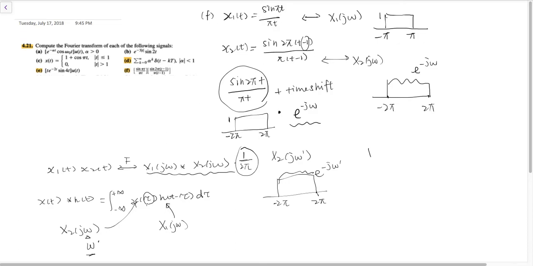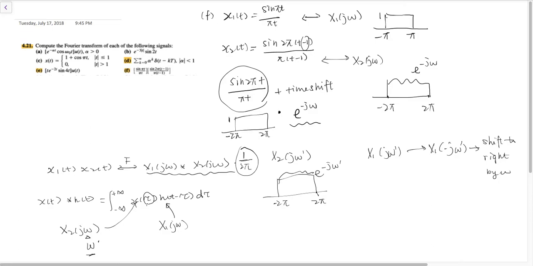And then we need to do X1 j omega prime, do the time reversal, X1 negative j omega prime, and then shift to the right by omega.